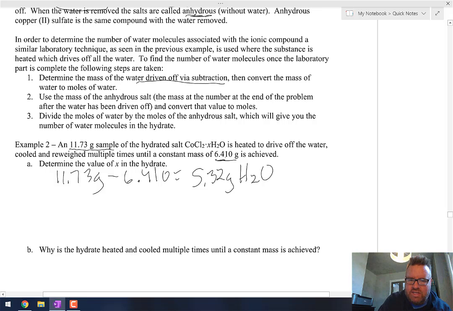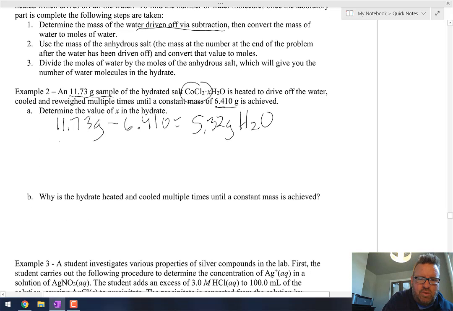And then the 6.410 is the mass of the CoCl2. So we've got two masses here. We've got 5.32 grams of H2O, and we have 6.410 grams of CoCl2.